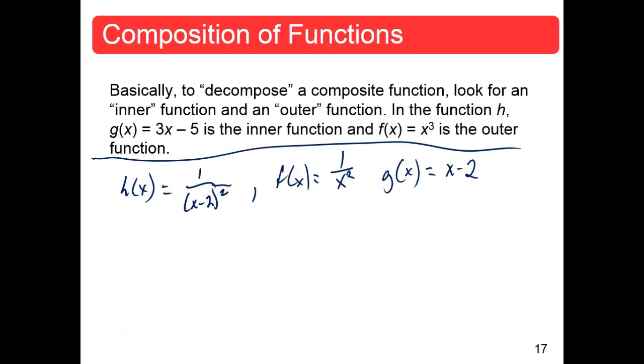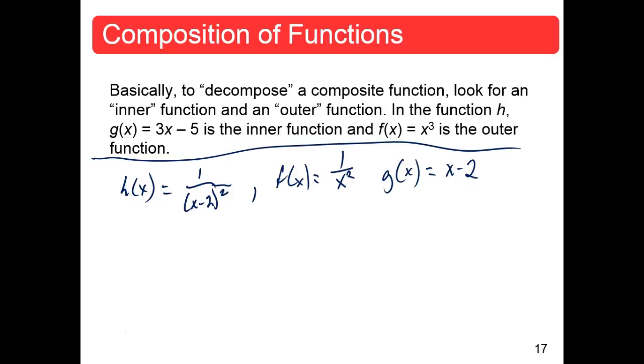Another would be g of x would be (x minus 2) squared, and then f of x would be 1 over x. That would work. Or you could split it into 3: i of x would be x minus 2, g of x would be x squared, and f of x 1 over x.